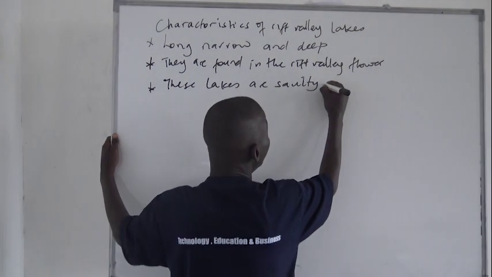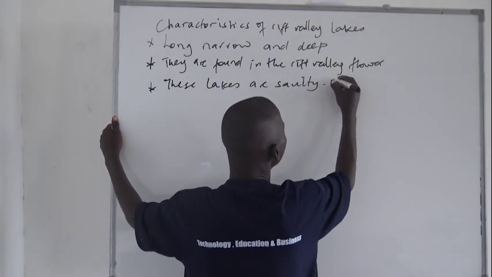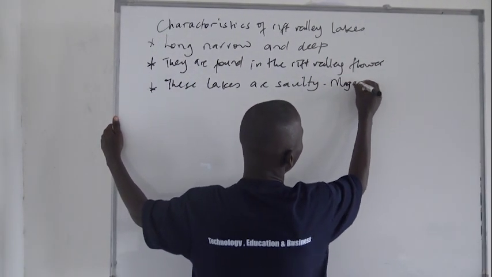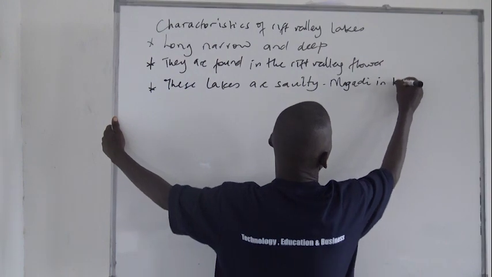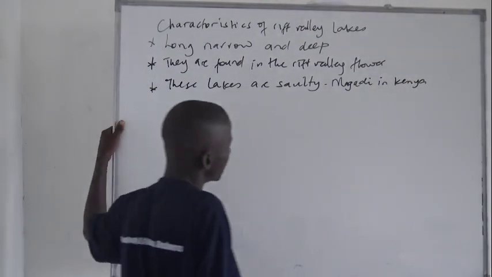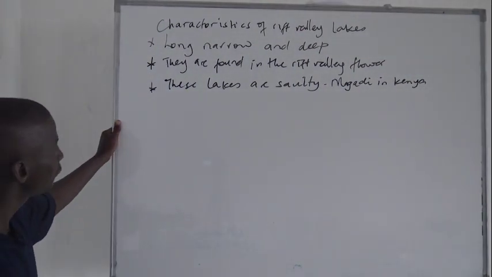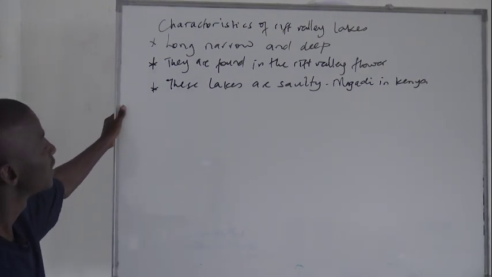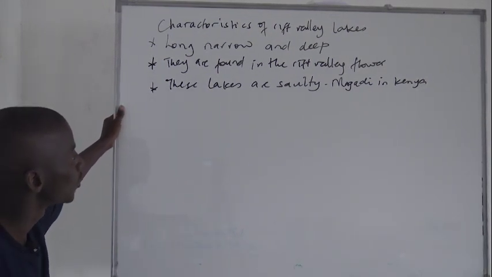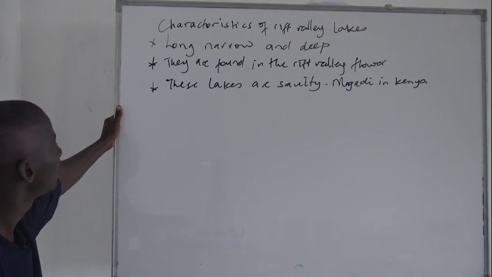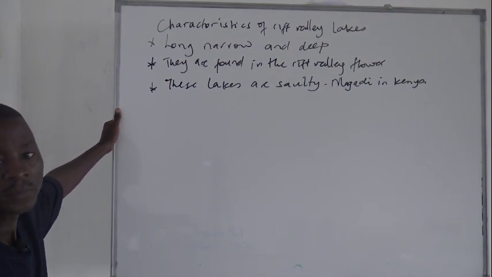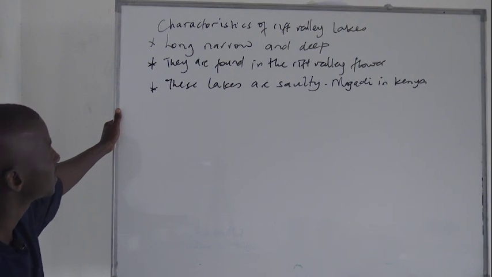Take an instance of Lake Magadi, the best example of a Rift Valley lake that contains salt in it. So that is another characteristic we can use to explain Rift Valley lakes. They are salted by nature.